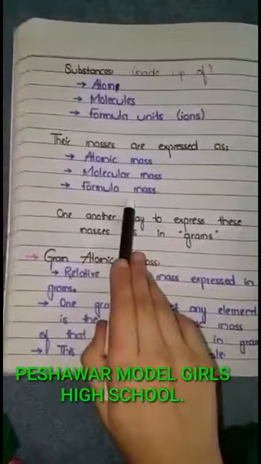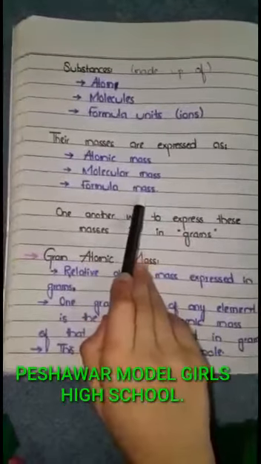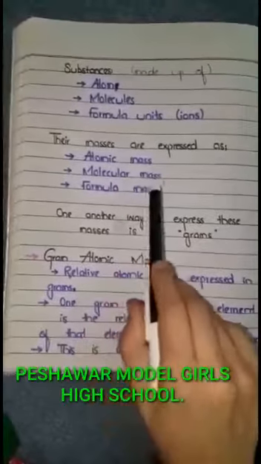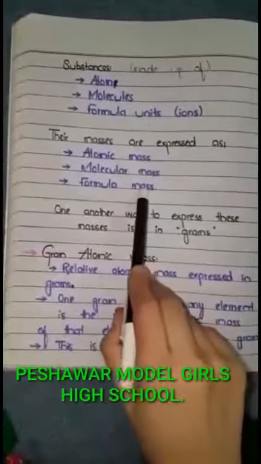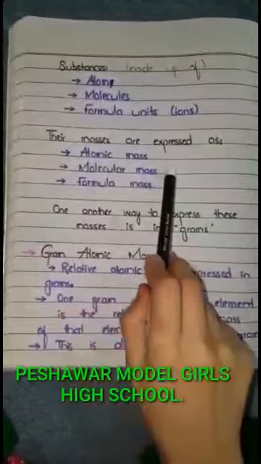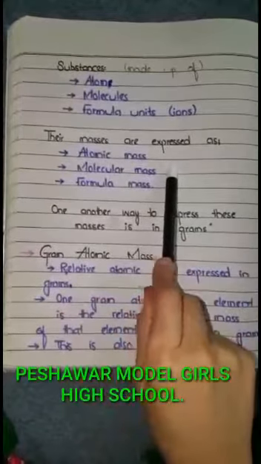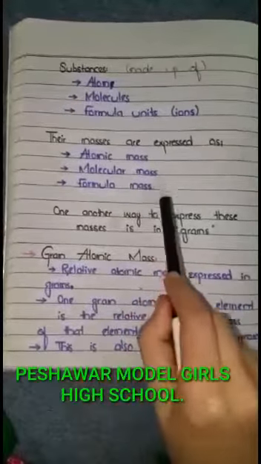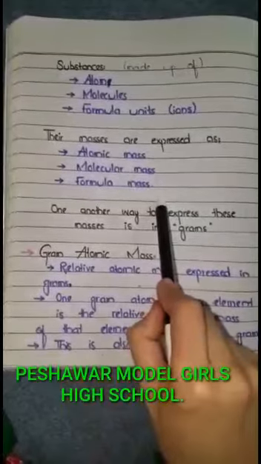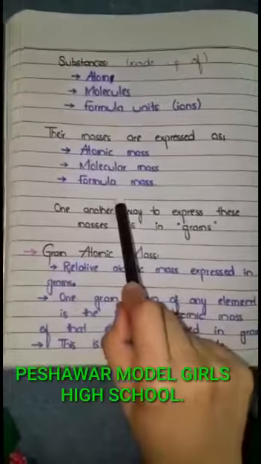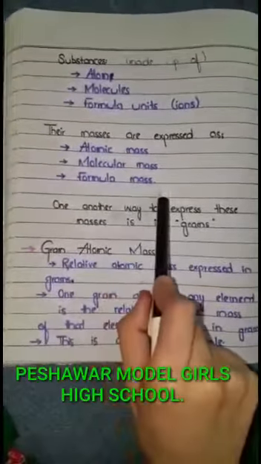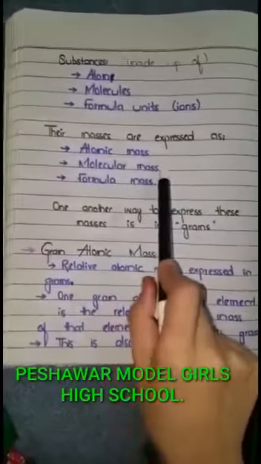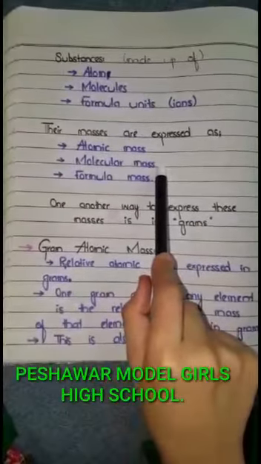And formula mass, this is for ionic compounds. The steps for calculating formula mass are almost similar to the molecular mass. The only difference is based on the type of compound. If the compound is ionic, we are going to calculate its formula mass, and for the rest of compounds, we will calculate their molecular mass.